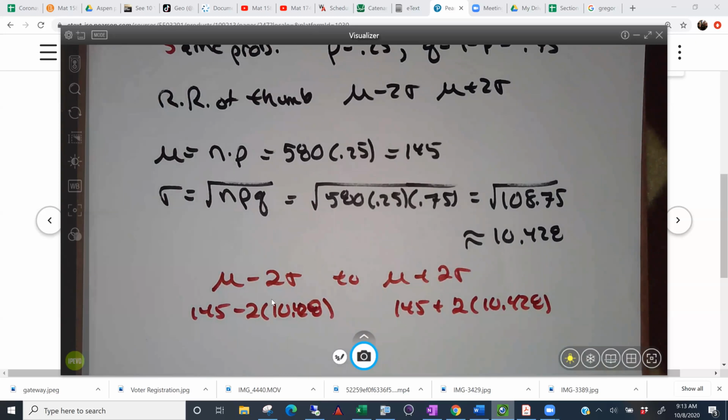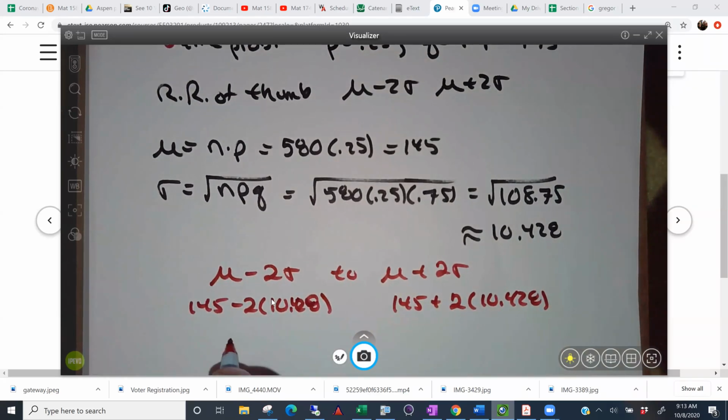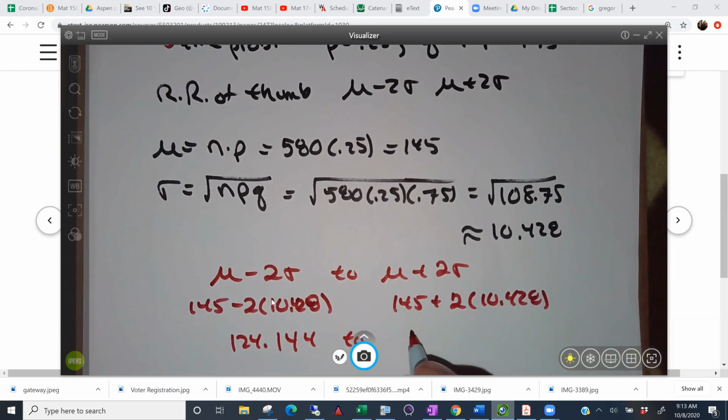Let's see what that gives us. Pull out a calculator for that one. That should give you about 124.144 to 165.856.